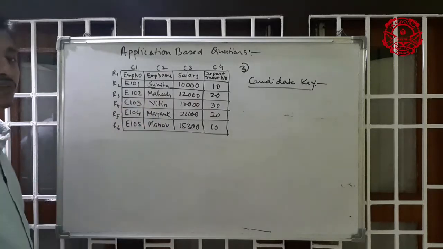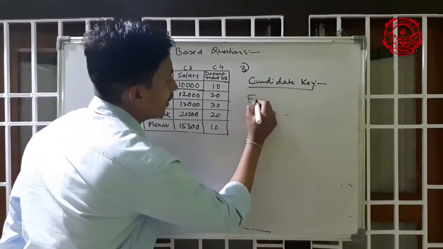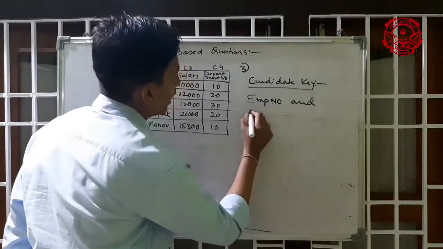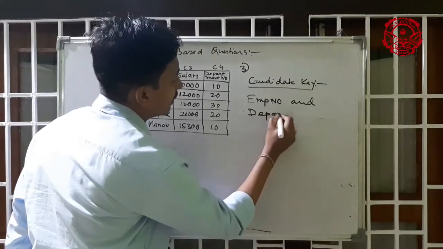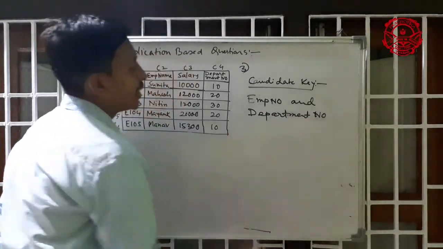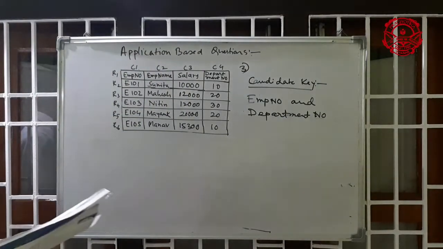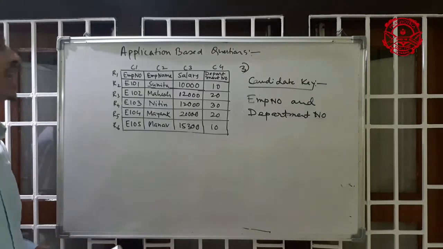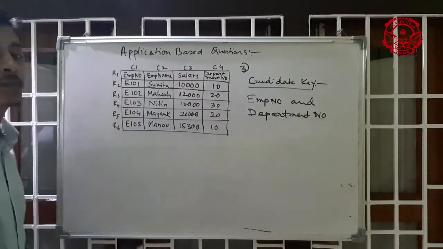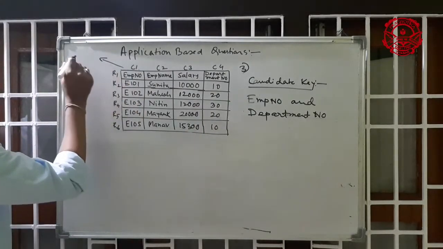Both we can take as a primary key. Okay, because we can take this number, but the appropriate key for this table is EMP number. So that's why I am taking EMP number as a primary key.